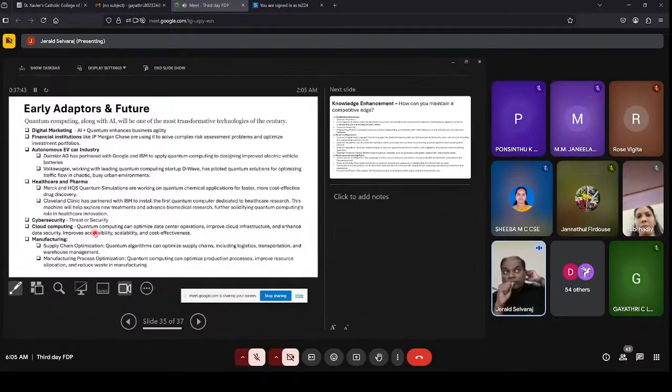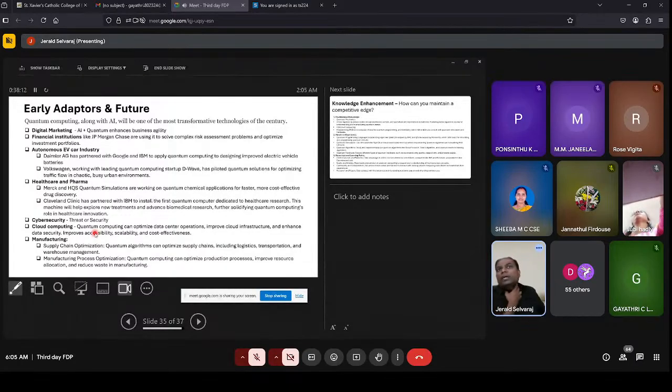Autonomous car sector. Particularly, Daimler AG has a partnership with Google and IBM for quantum computing R&D. They improved electric vehicle batteries, looking at how it can enhance battery performance and increase power storage.